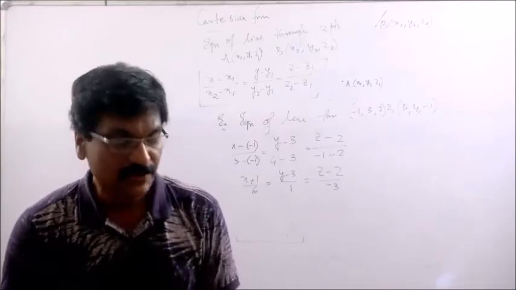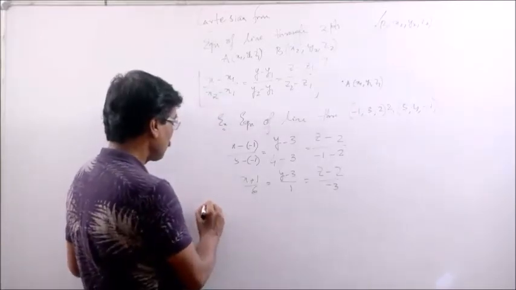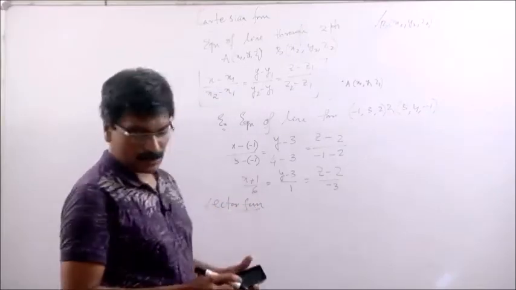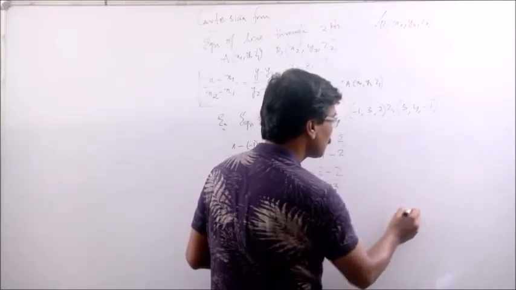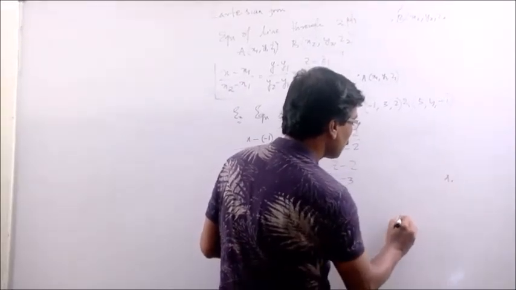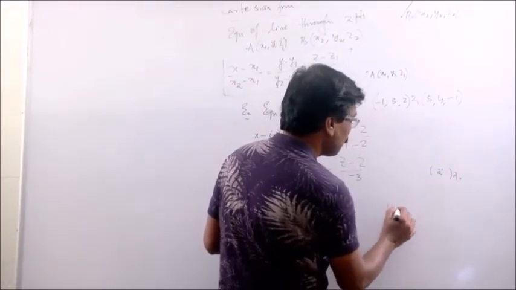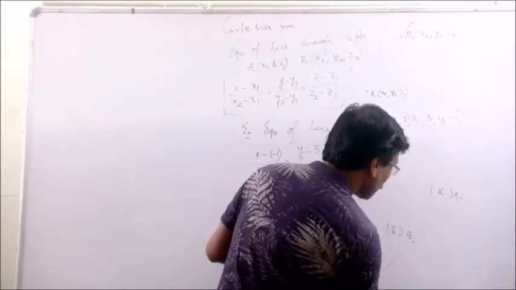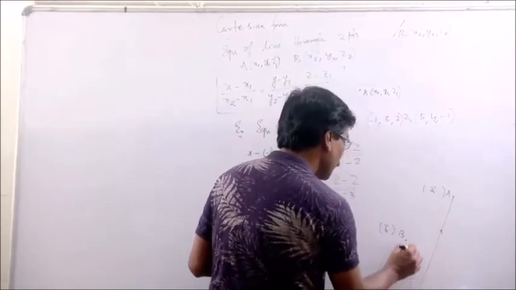In vector form also, we can find the equation of a line. Suppose two points A and B are given, having position vectors a vector and b vector, considering the origin as the reference point, that is OA as a vector and OB as b vector.